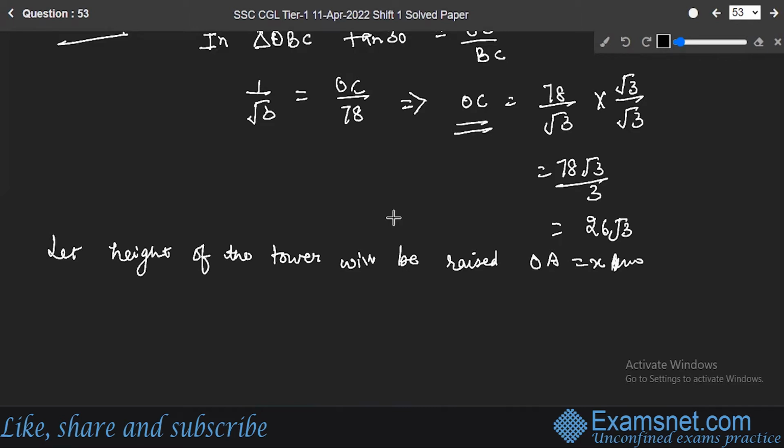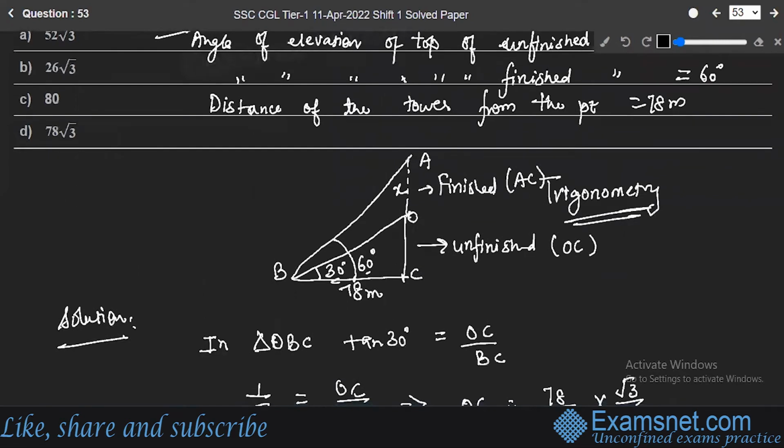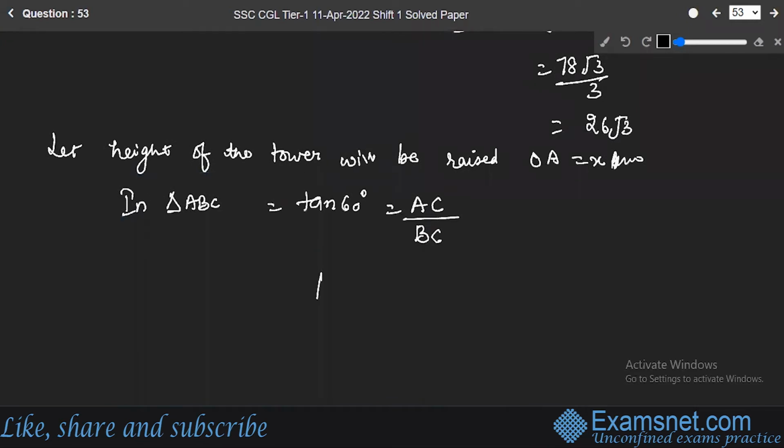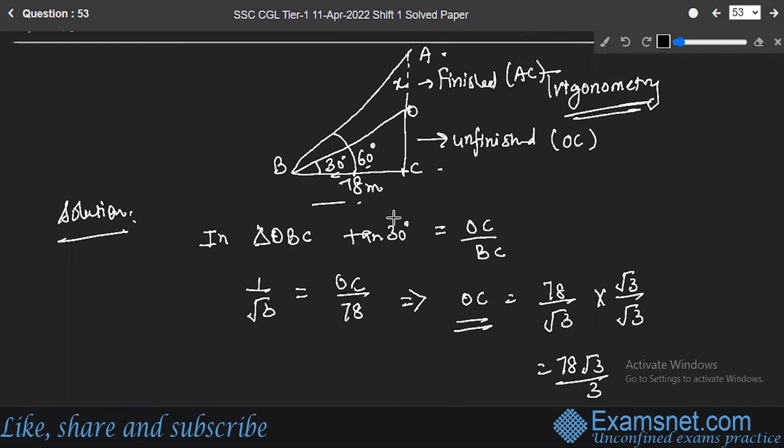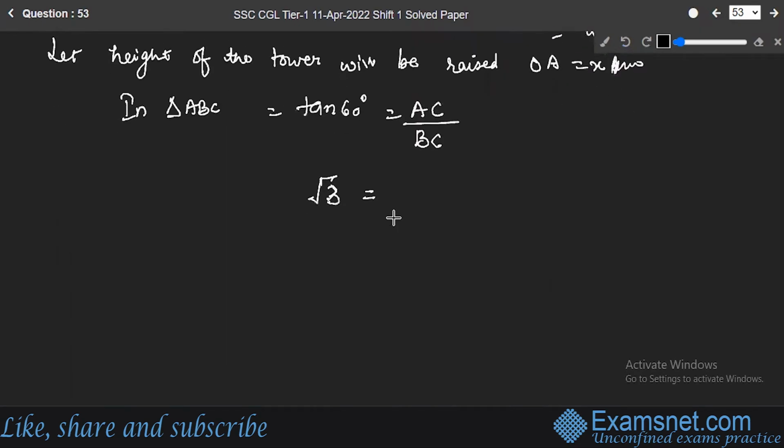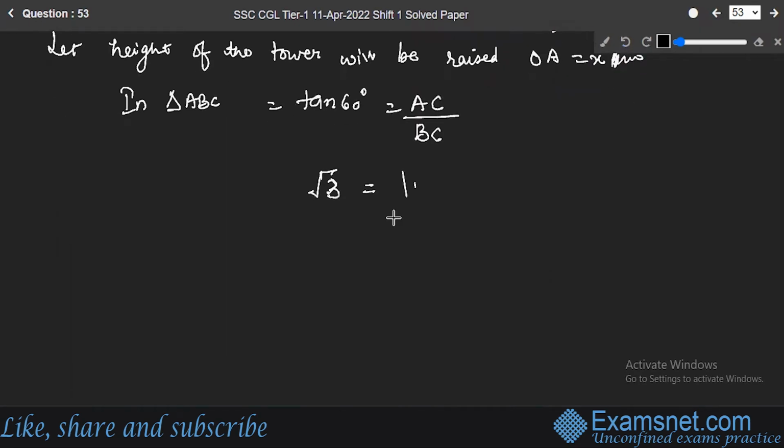Now, in triangle ABC, tan 60 degree is equal to AC upon BC, which is perpendicular upon base. And you know tan 60 degree is equal to root 3, correct? And this AC is equal to OA plus OC, the whole divided by BC.